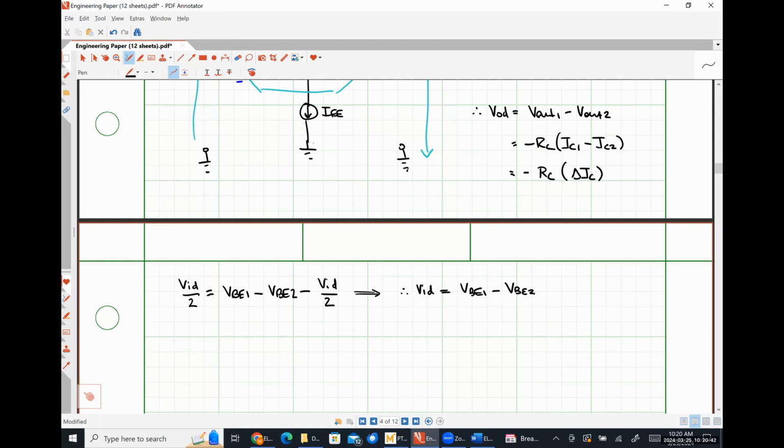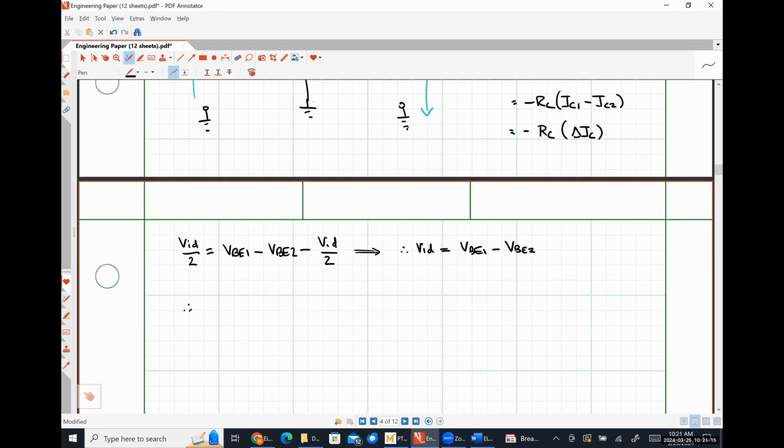Well, we know how to express VBE1 and VBE2 in terms of our collector currents, because we know how BJTs work, right? So we know that IC1 is equal to IS times the exponential of VBE1 over VT, and we can rearrange that to get effectively VBE is equal to VT times the natural log of IC over IS.